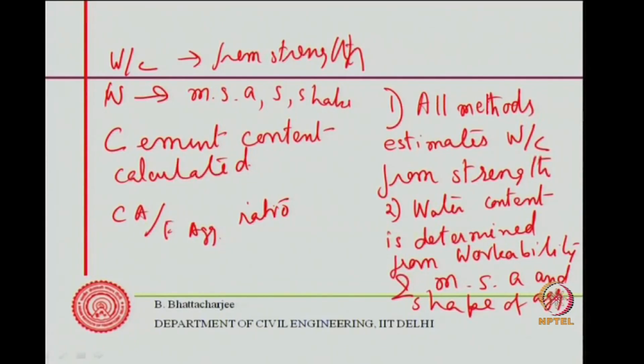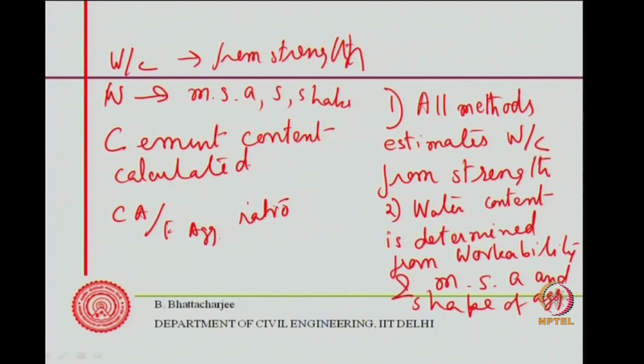So, whichever is lower, you choose that water cement ratio, while workability is governed by the paste content, which also depends upon the packing characteristics of the coarse aggregate and fine aggregate system. So, it will depend upon the maximum size of aggregate, shape of the aggregate, and water content therefore is determined based on the slump, nominal maximum size of aggregate, and shape of the aggregate, etc.